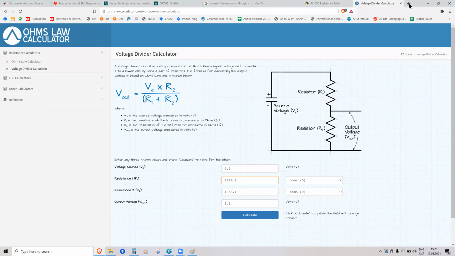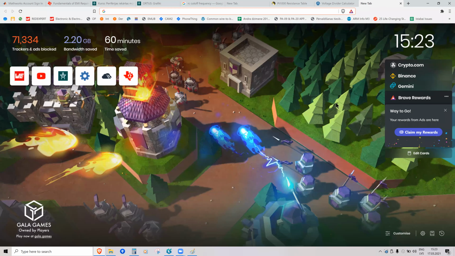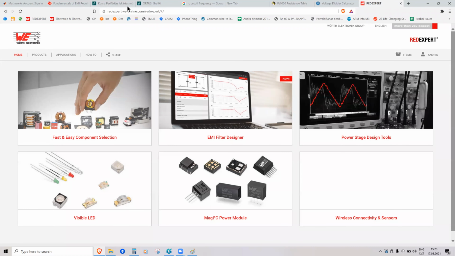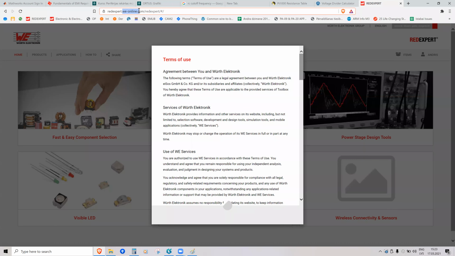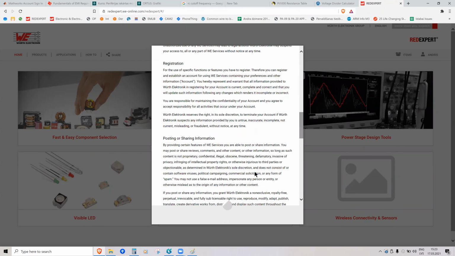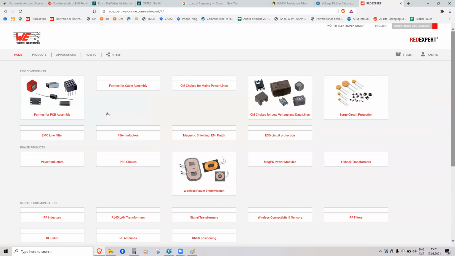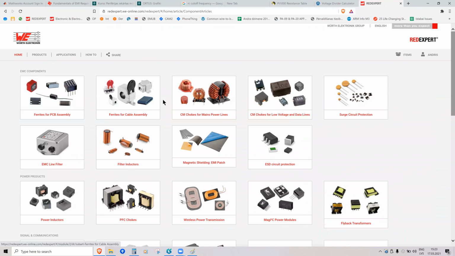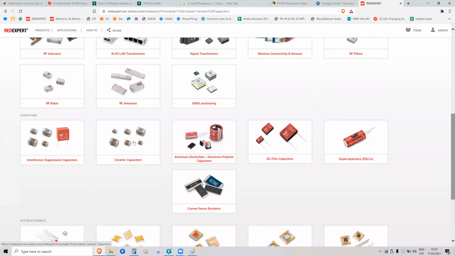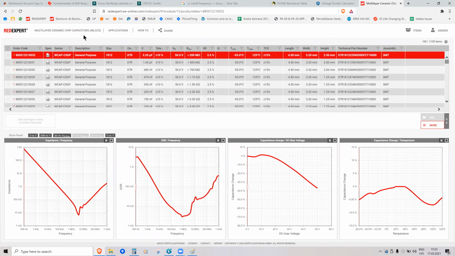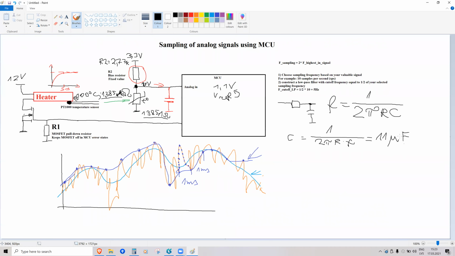Okay, so I suggest, one of the largest producers of capacitors is Wurth Electronic. They have a website. Okay, I agree to their service, and so on. Here, Wurth Electronic has a very convenient capacitor selector. I selected multilayer ceramic chip capacitors, and I check what value I need.